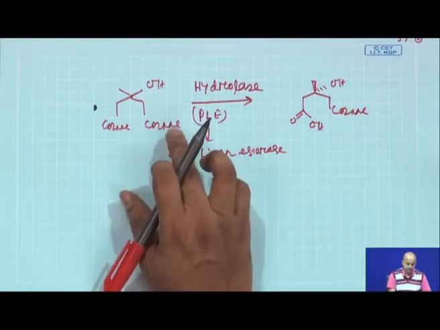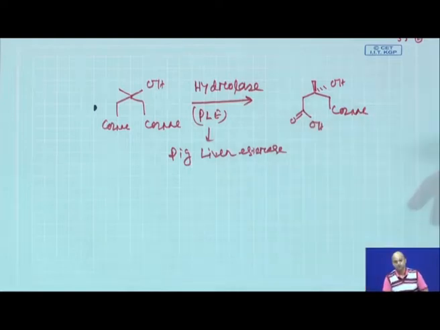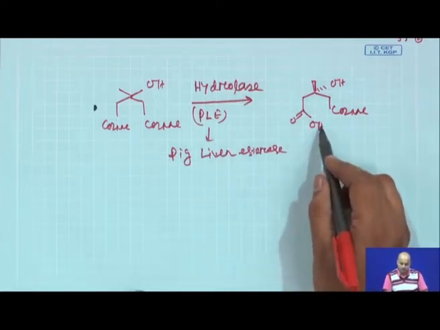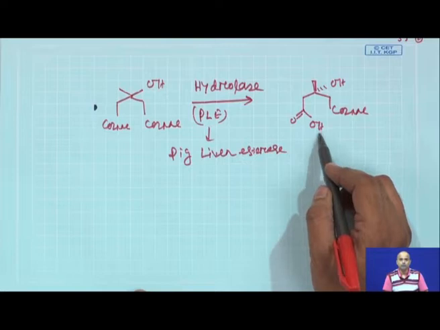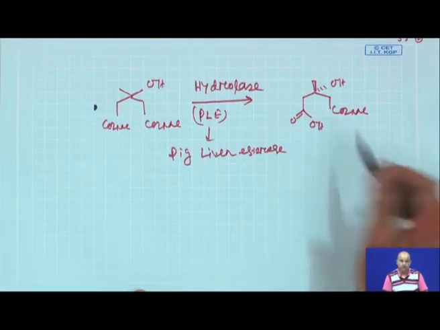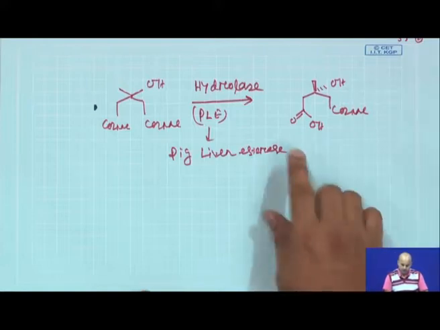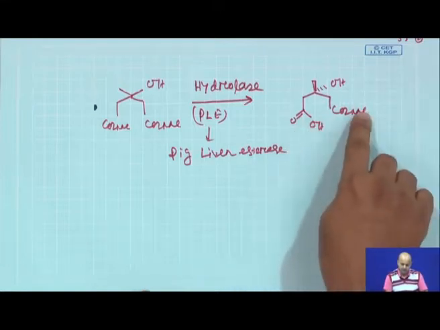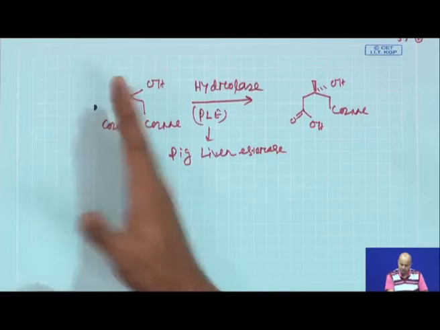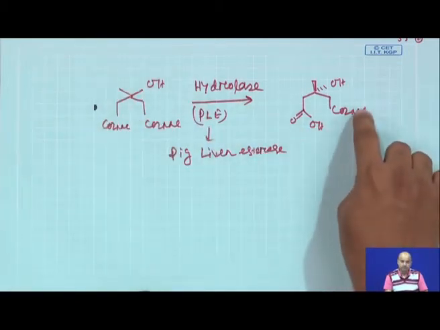If it hydrolyzes this group, you get the other enantiomer. So, now once you get this compound, you have to think about the divergence. The divergence can only be created if you first do the reaction here, keeping this part intact, and you get one enantiomer. Now you do this reaction first.